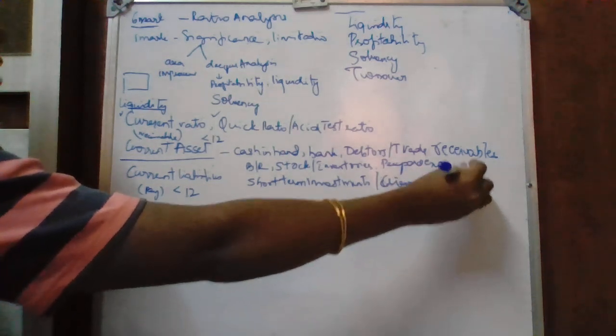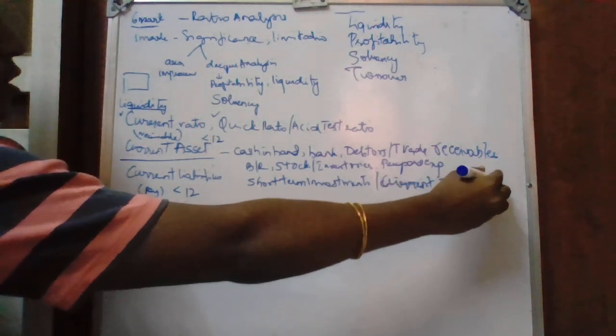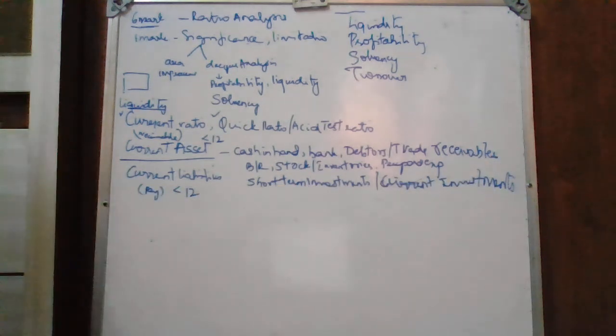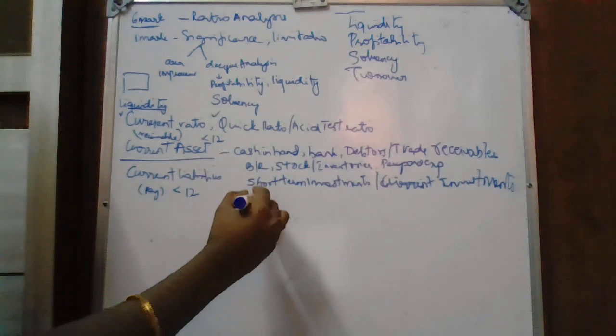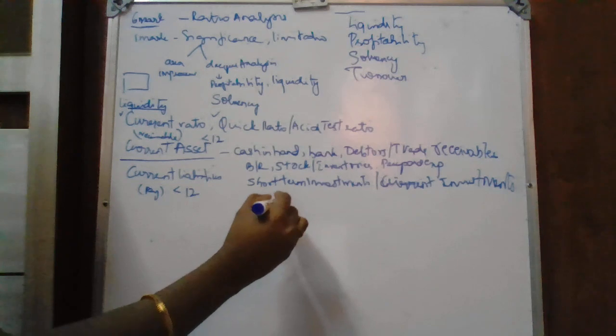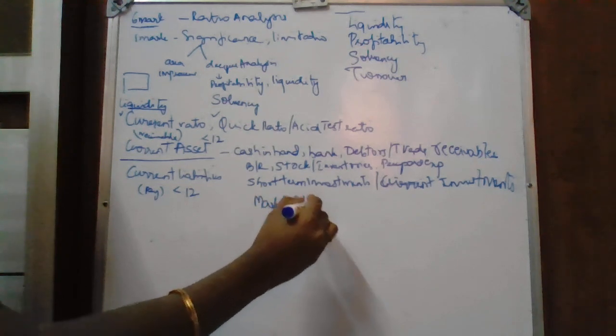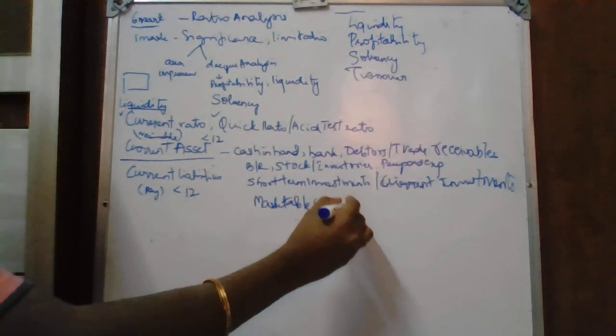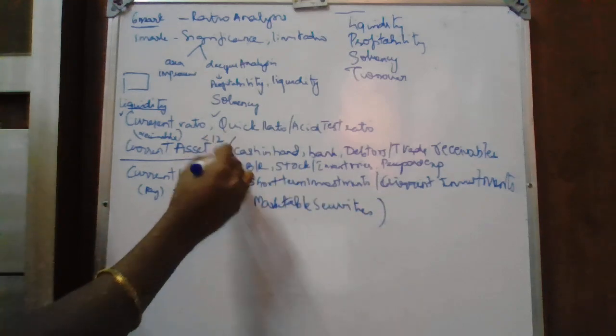They will give you different names just to confuse, so please study the names. Then you have marketable securities. Now these are current assets.